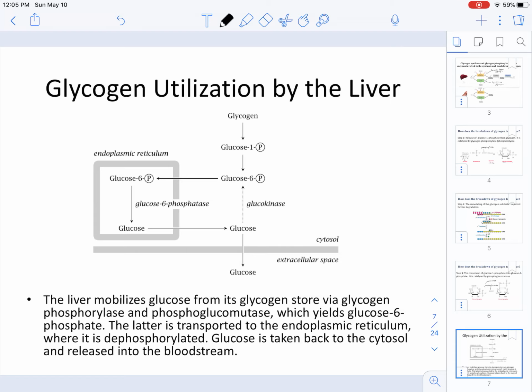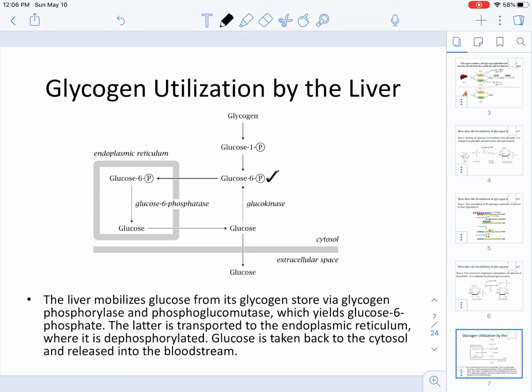Remember, after the phosphorylase has created that glucose 1 phosphate, then the phosphoglucomutase is going to be creating that glucose 6 phosphate.